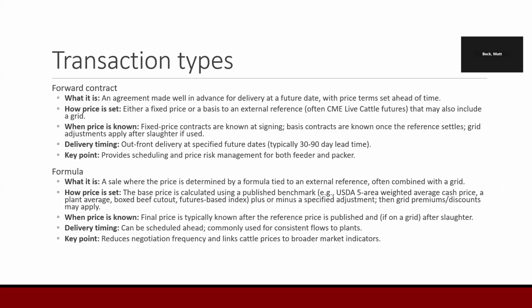So it's commonly used by packers to set their schedules. They may come out 30 days ahead, look at it and say, we have an opening for our B shift for 200 head 30 days from now. Key point, it reduces negotiation frequency and it links cattle prices to the wider market.